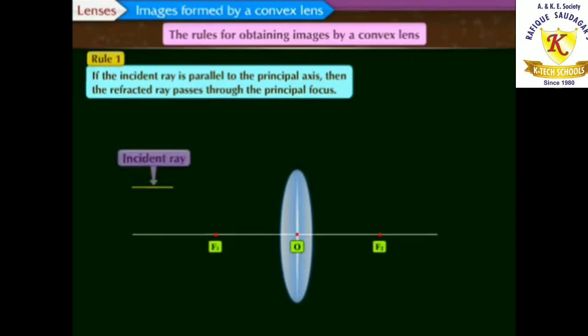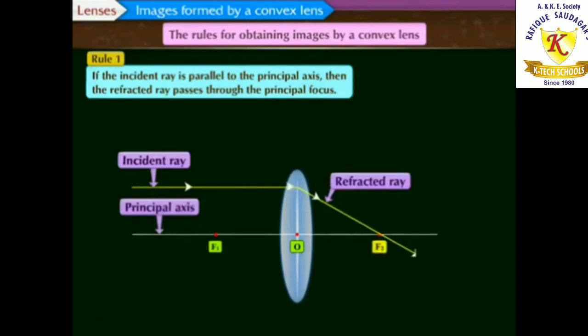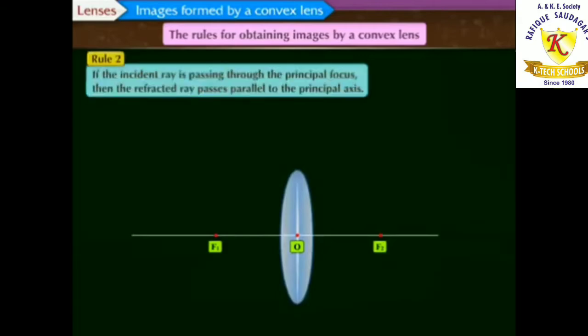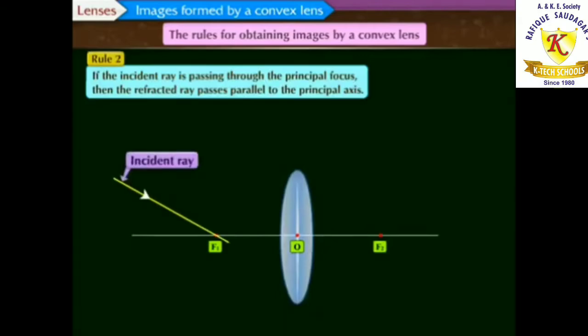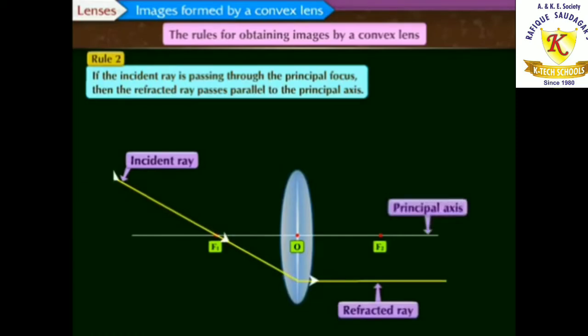The rules for obtaining images by a convex lens are: Rule number 1. If the incident ray is parallel to the principal axis, then the refracted ray passes through the principal focus. Rule number 2. If the incident ray is passing through the principal focus, then the refracted ray passes parallel to the principal axis.